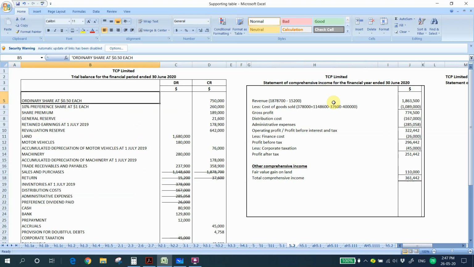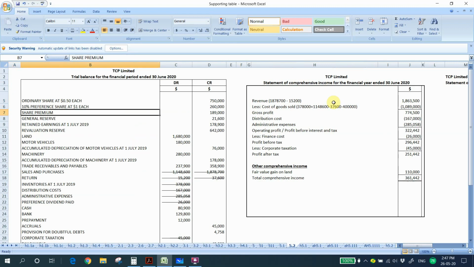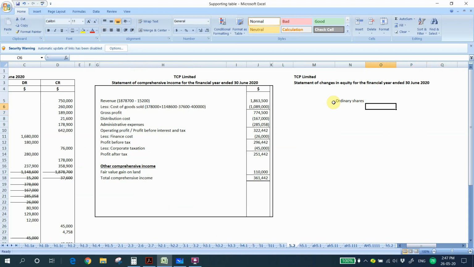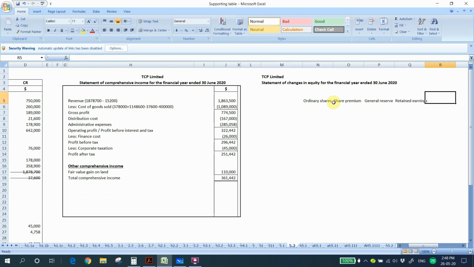Second, preference share is under non-current liability, so we cannot include this. Share premium, and then followed by general reserve, retained earnings, and the last one should be the revaluation reserve.